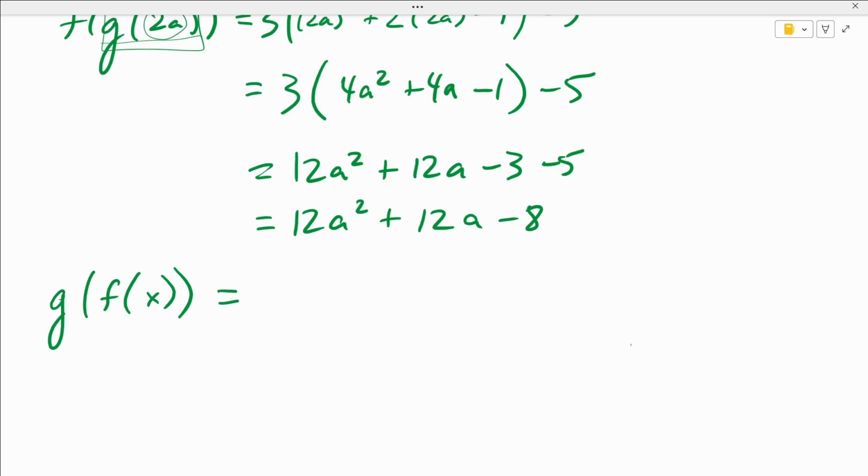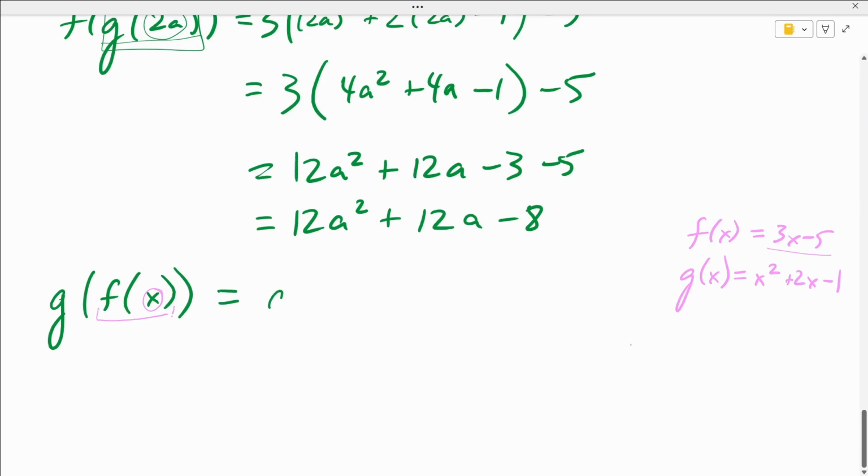Let's remind ourselves, what is g of x again? It's x squared plus 2x minus 1, I believe. And f of x is 3x minus 5. So what's going on here? Well, our input to f is x. If you're inputting x, you get exactly this. So my output of f is 3x minus 5.